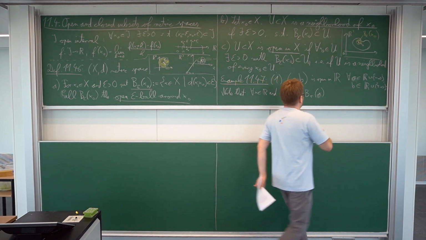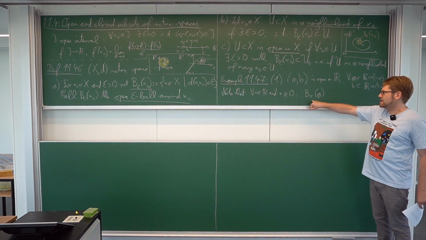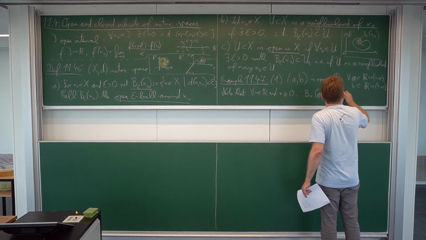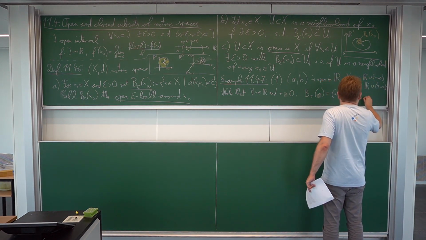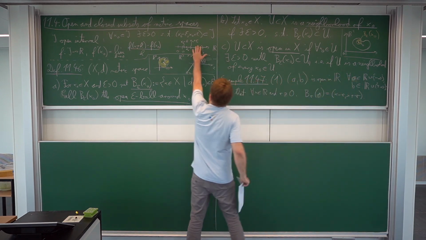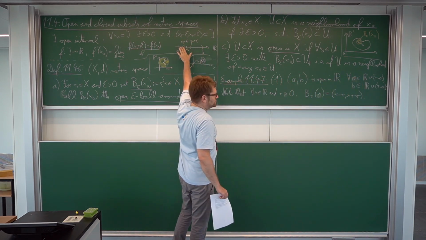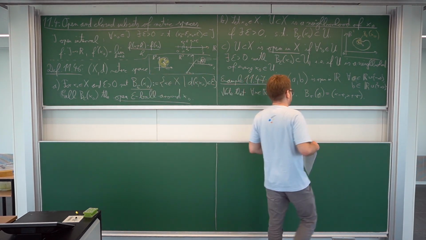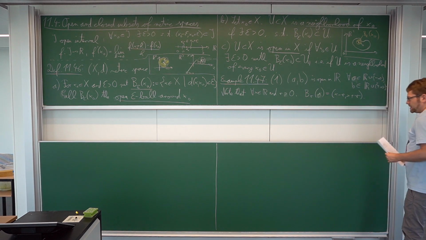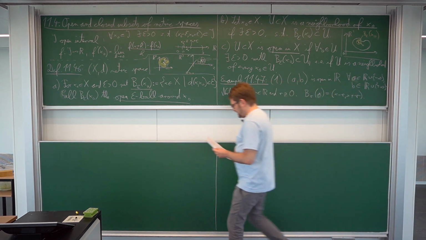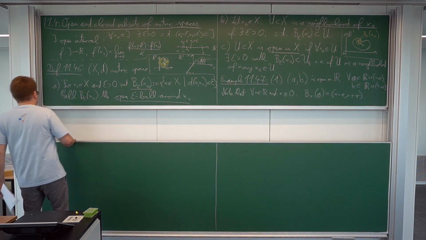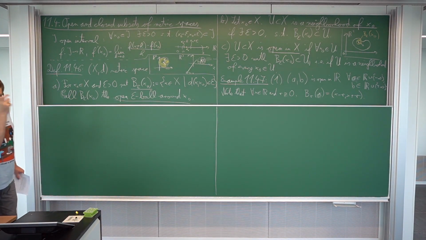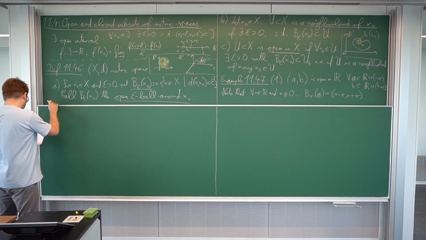So all points which have distance smaller than r from x, this is precisely, just by definition, the interval x minus r, x plus r. Okay, and so this fits in what we did. What I discussed here was basically just an epsilon ball in R, which is just a fancy way of describing this little interval. Now, if we have an arbitrary point in the interval, we need to show that we can find some epsilon, or r as I've called it there, such that this little interval fits in there. And this we need to prove formally.